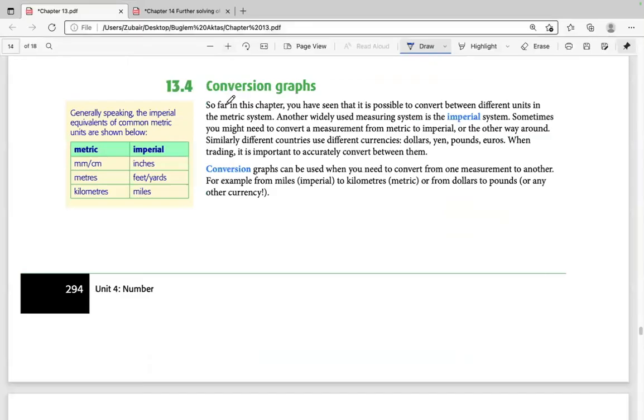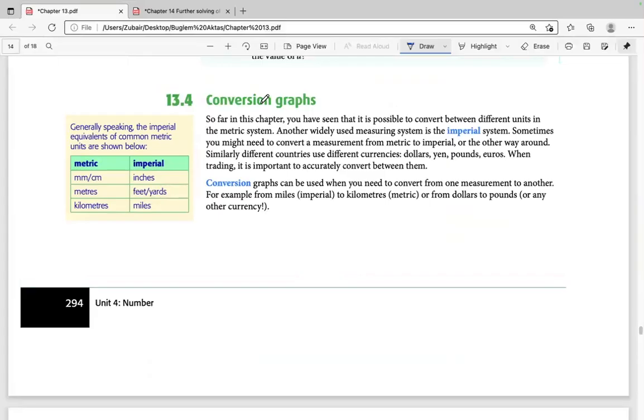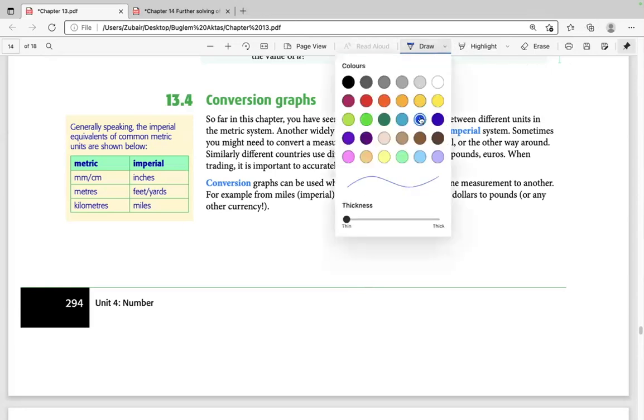Conversion graphs. What do you know about conversion graphs? Well, I know that they convert between different currencies, or different units, measurements. And what do you think is the difference between the conversion graph and given units?